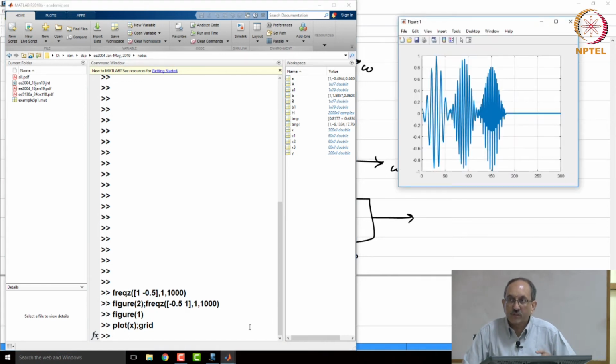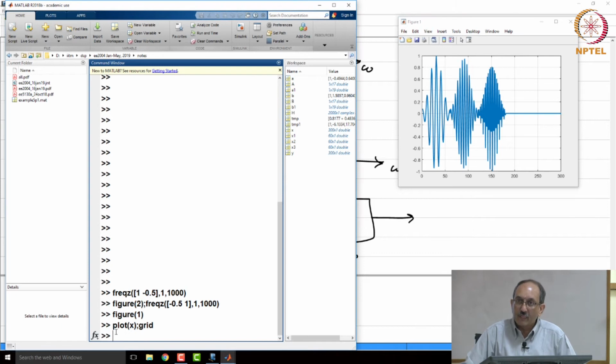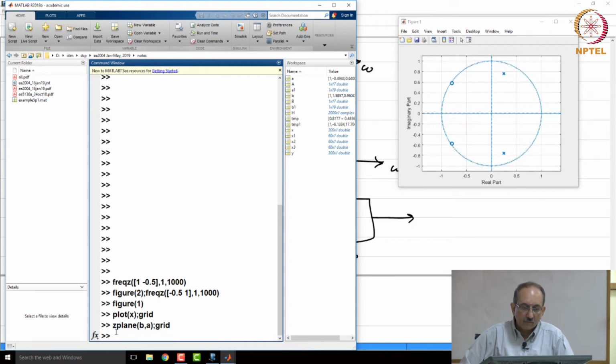Now, let us look at what the first system is. Let us look at what H1 of Z is. So, this is what the first system is, and you can expect gain around this frequency region to be high because you are getting close to this pole. This 0 is almost on the unit circle, therefore, you can expect a frequency response dip here, all right.